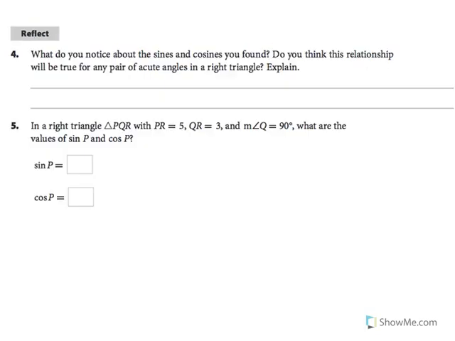For number 4, what do you notice about the sine and cosine you found? Do you think this relationship will be true for any pair of acute angles in a right triangle? We find that the sine of an angle is the same as the cosine of 90 degrees minus that angle.